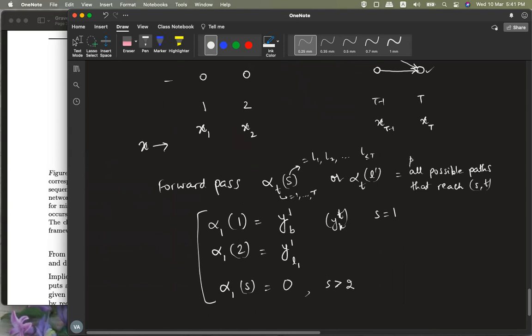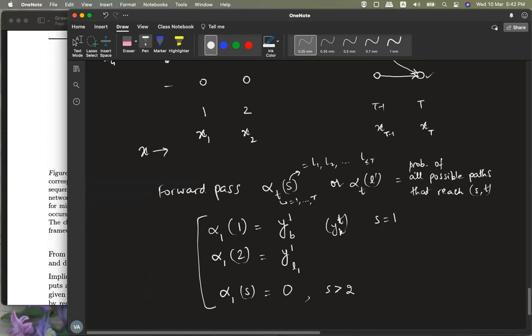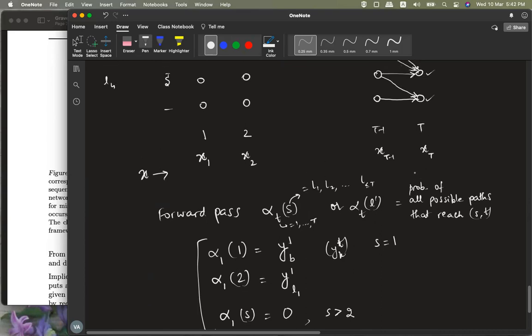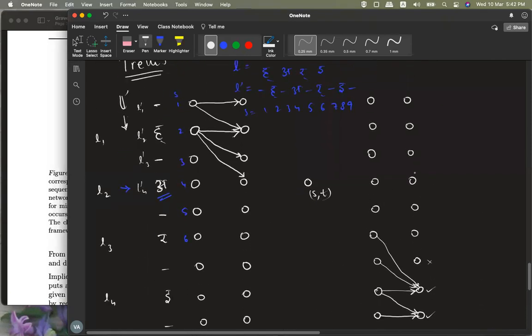So this is the probability, or you can say joint probability, of all possible paths that reach s comma t. So what is it? To compute it, you can use the DP kind of approach. So basically, I can use an iterative approach.